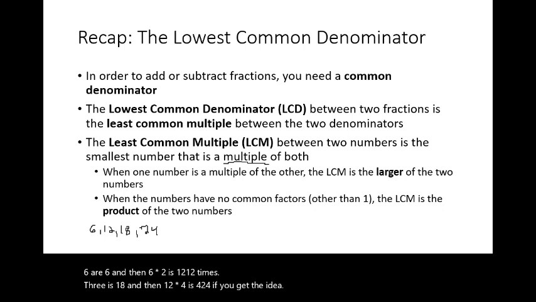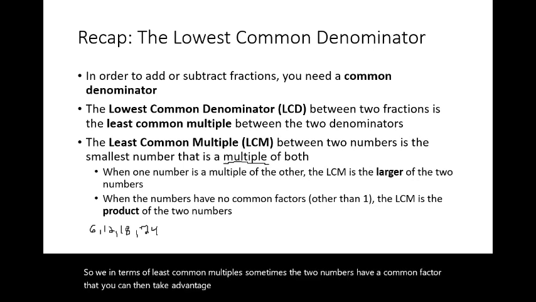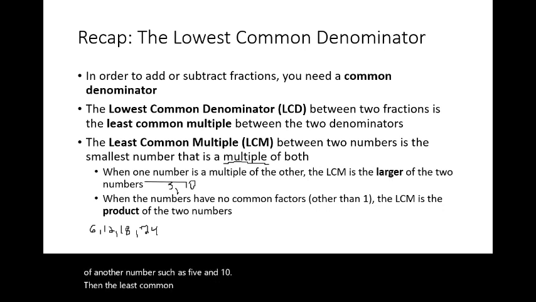So in terms of least common multiples, sometimes the two numbers have a common factor that you can then take advantage of. Now, in the instance when one number is simply a multiple of another number, such as 5 and 10, then the least common multiple is simply the larger of the two numbers.